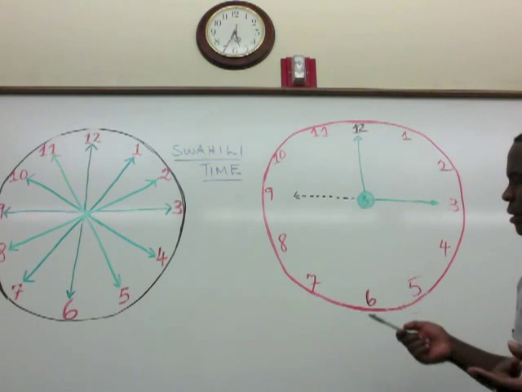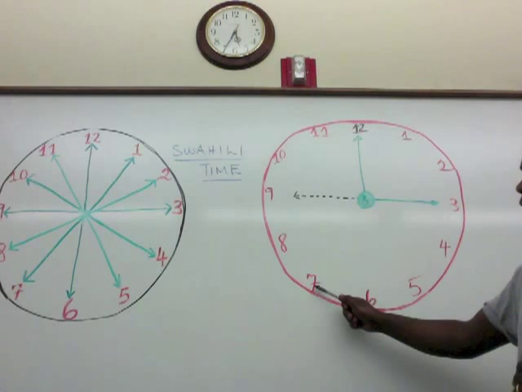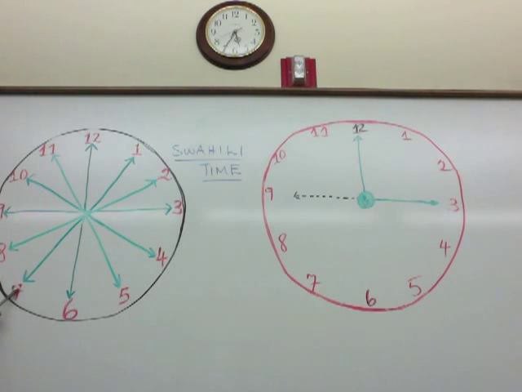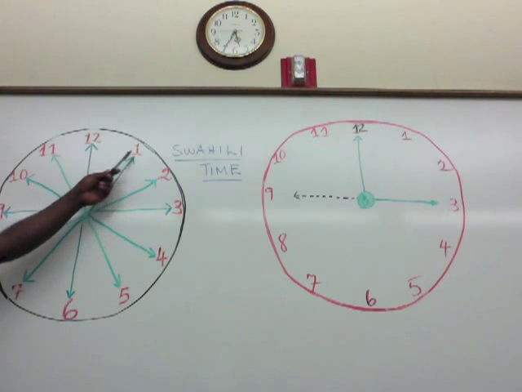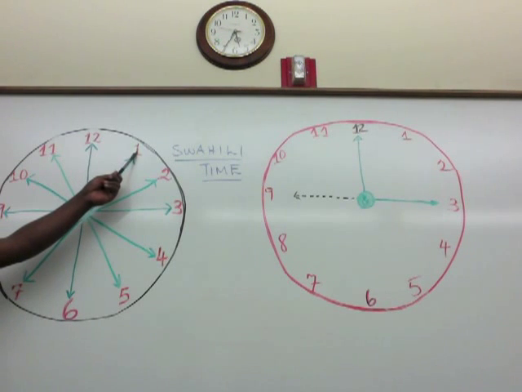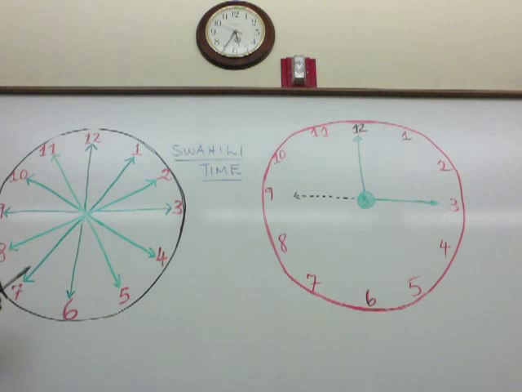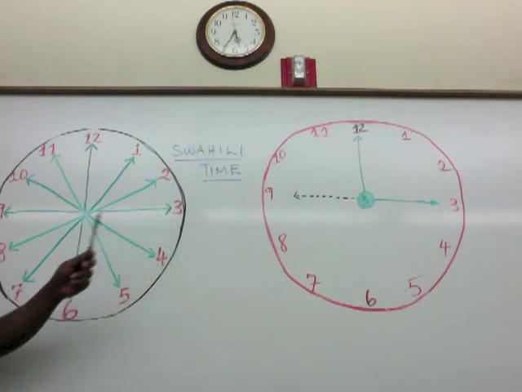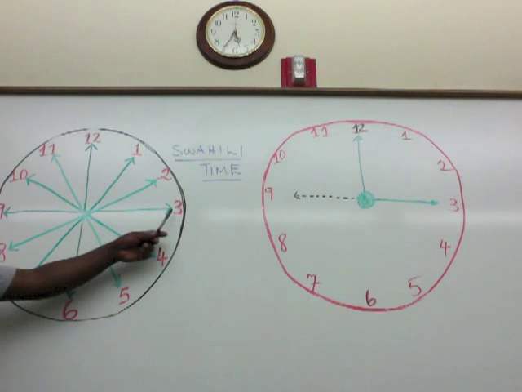Okay, another exercise to help you remember. Let's say somebody thinks now in English it's 7. I have to find the opposite of 7. I just go to this diagram here. 7, their opposite is 1. So I'm going to say in Swahili, saa moja. It's 9 in English. How do I say it? I just find the opposite. I'm going to say saa tatu. It's 3 in English.